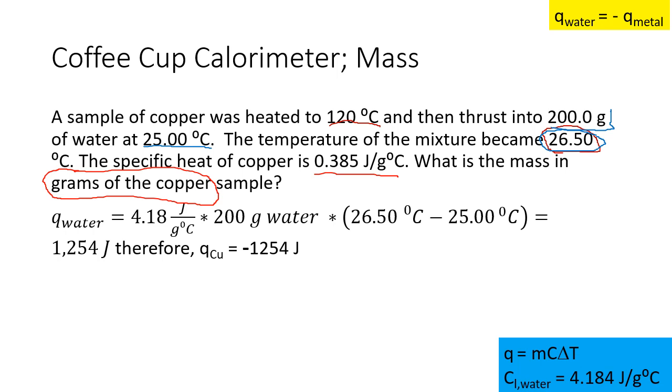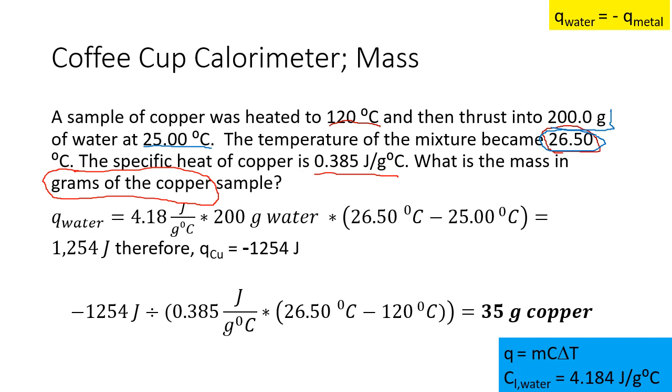And we know that Q of water is equal to negative Q of copper. That was part of our definition, right? And so then we take that and we set that equal to that Q is equal to the mCΔT for copper. And so we isolate the variable m. And when we do that, we get 35 grams of copper.